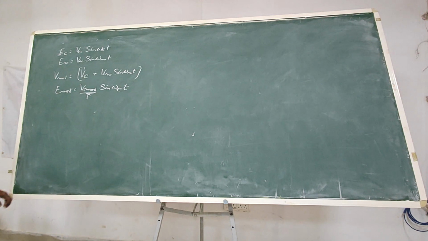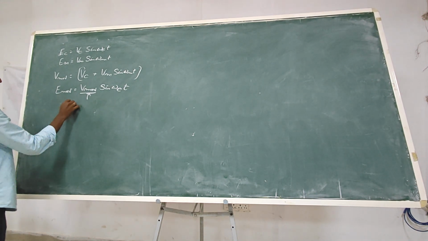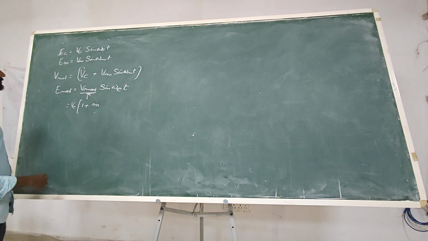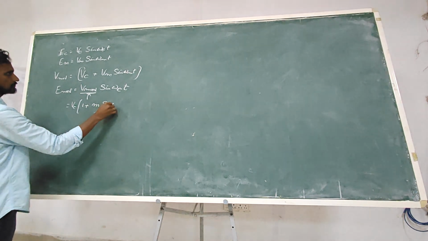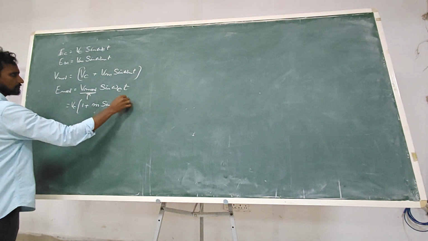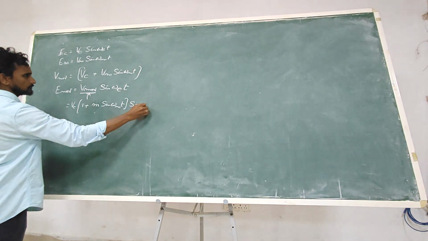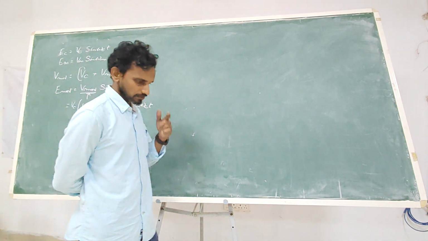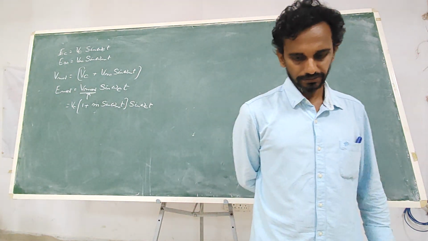Okay, so if you take Vc into common, you can write it as this, so that is the total signal.